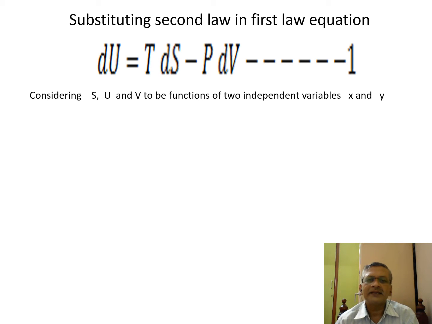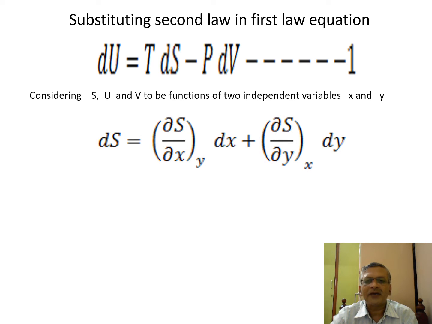Here there are three variables: S, entropy, U, internal energy, and V, volume, taken to be functions of independent variables x and y. Therefore, we can write each perfect differential as a sum of partial differentials with respect to x and y.